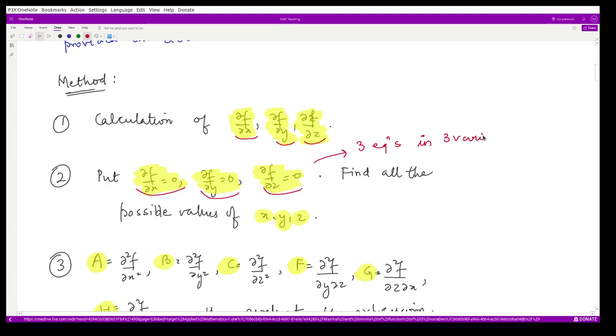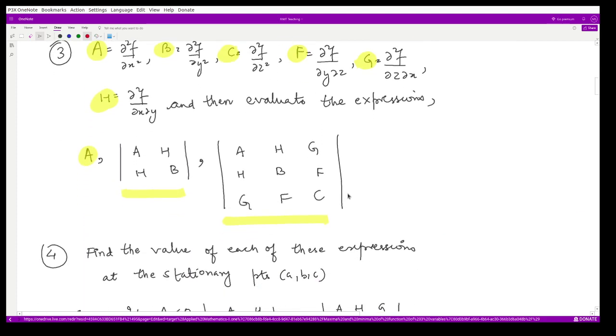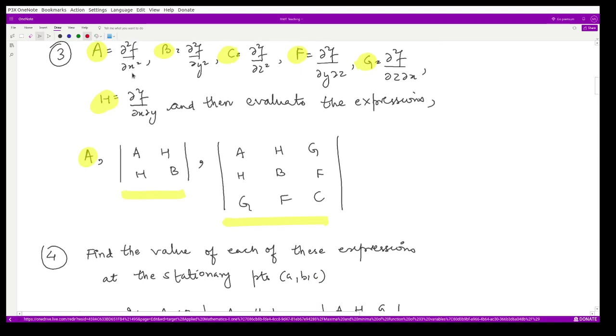You will calculate the values of x, y and z from those three equations, and thereafter you will calculate capital A, capital B, capital C, capital F, G and H, whose values are the second derivatives with respect to x, with respect to y, with respect to z, and then the mixed derivatives, firstly with respect to z and then y, then x and z, and then y and x.